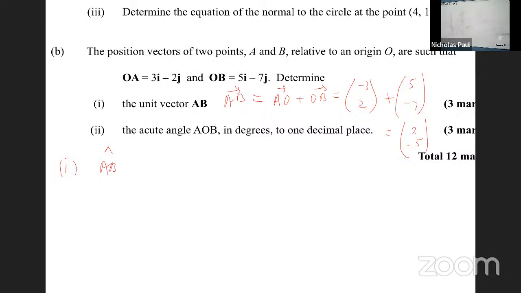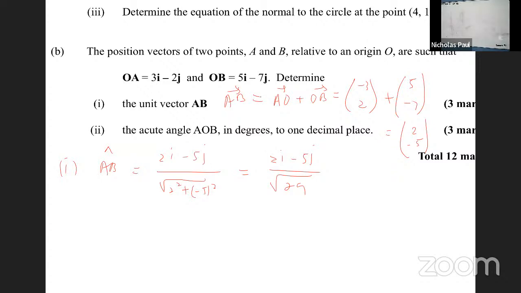Just a little hat. So it's 2i minus 5j all over the square root of 2 squared plus minus 5 squared, so it's 2i minus 5j all over the square root of 4 plus 25, which is 29. That's the first part.